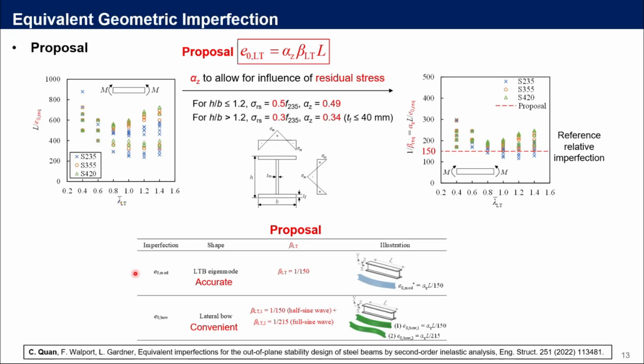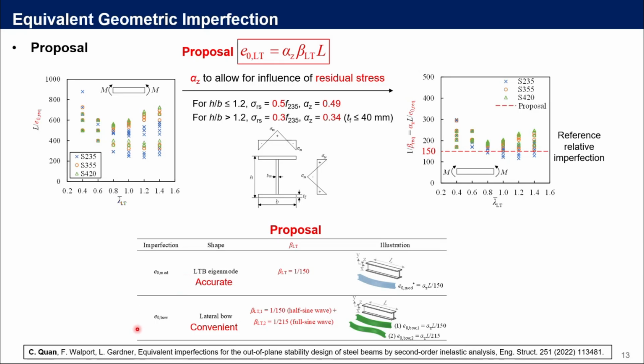One option is that the equivalent geometric imperfection could be applied following the shape of the lateral torsional buckling eigenmode, which is more accurate. But in the first option, we need to perform linear buckling analysis first to obtain the lateral torsional buckling eigenmode.